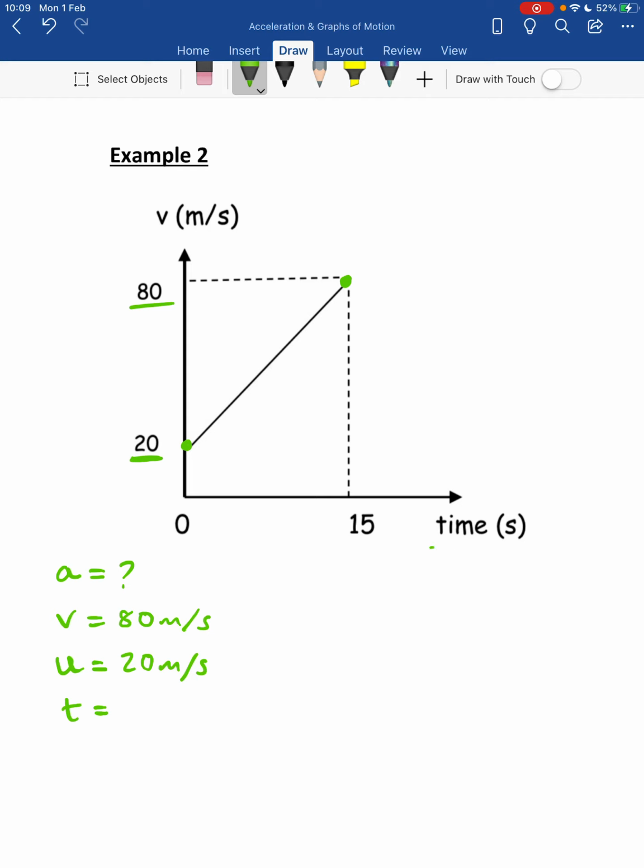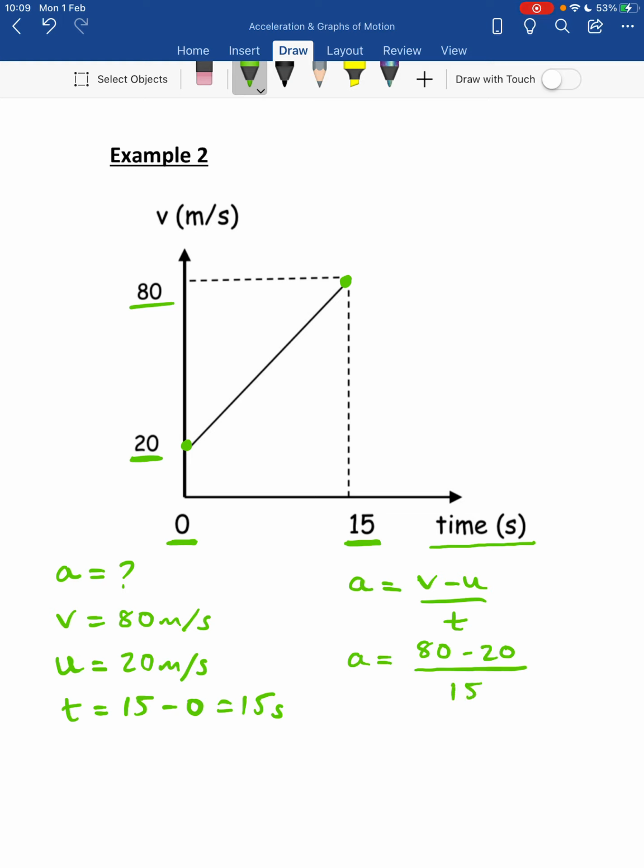Last bit I need is time. So look on your x-axis. The line starts above 0 seconds and it finishes above 15 seconds. So I want that time difference. So 15 take away 0 just gives me 15. Can put the equation down. Then substitute. So I've got 80 for V, that gets taken away from U, which is 20, and that gets divided by 15 seconds.